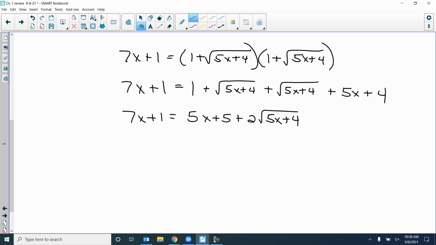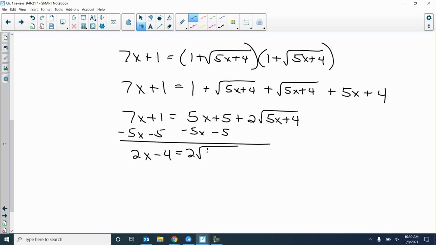Again, isolate the square root. We're going to have to get rid of the radical. I'm going to subtract 5x. I'm going to subtract 5. And that gives me 2x minus 4 equals 2 times square root of 5x plus 4.